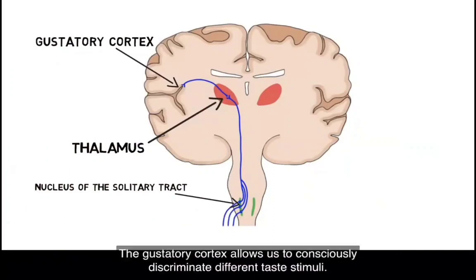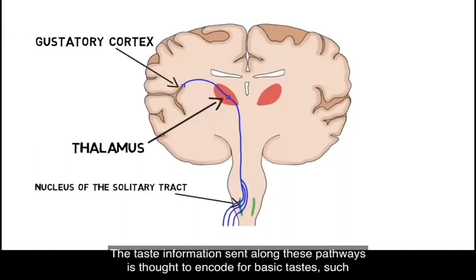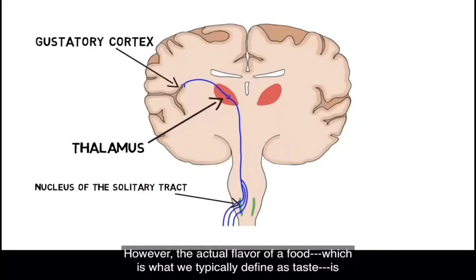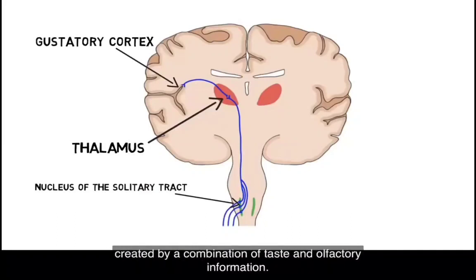The gustatory cortex allows us to consciously discriminate different taste stimuli. The taste information sent along these pathways is thought to encode for basic tastes, such as sweet, salty, sour, bitter, and savory or umami. Whether there are others is still being debated. However, the actual flavor of a food, which is what we typically define as taste, is created by a combination of taste and olfactory information.